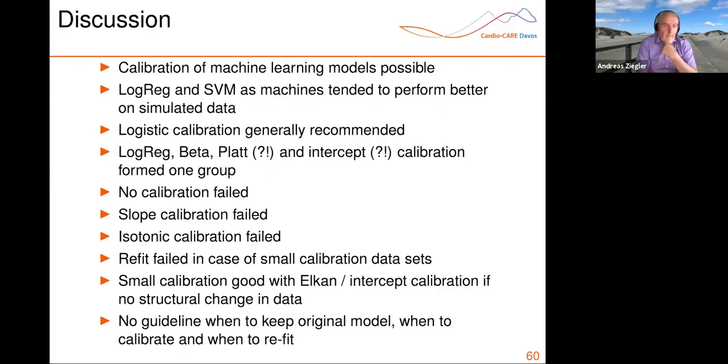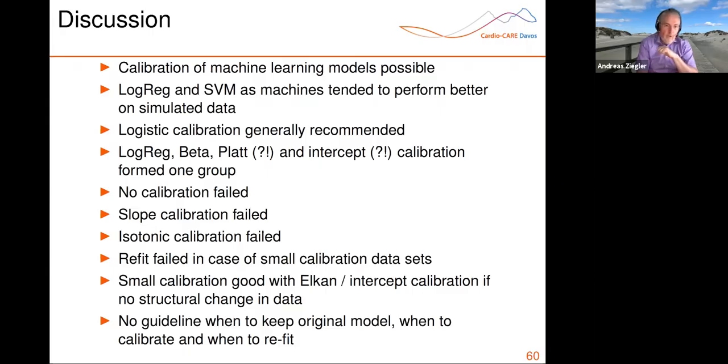We generally recommend logistic calibration, logistic regression, beta regression or beta calibration, logistic calibration, Platt calibration, intercept calibration formed one group. In most applications, there's one specific exception to the rule for intercept calibration, which I've touched on, but you can put them in a single class and you can choose one of these methods, and clearly we recommend logistic calibration.